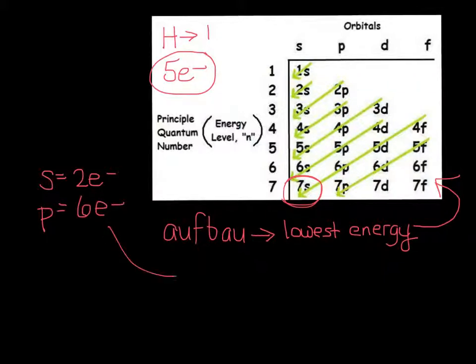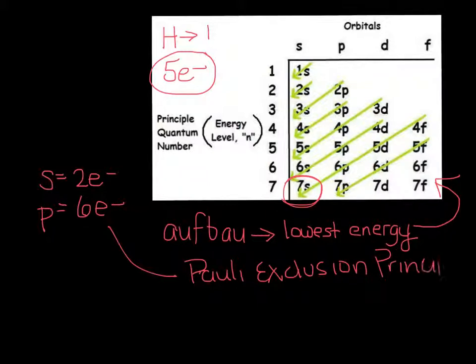The reason why it can hold 6 is because of another rule we have, which is called the Pauli exclusion principle. The Pauli exclusion principle says no more than 2 electrons can occupy a single orbital, and they spin in opposite directions.